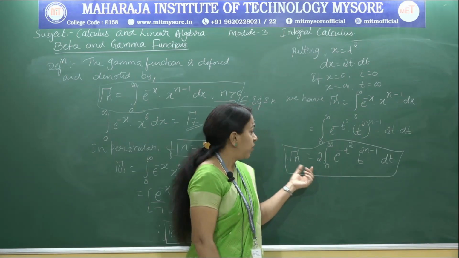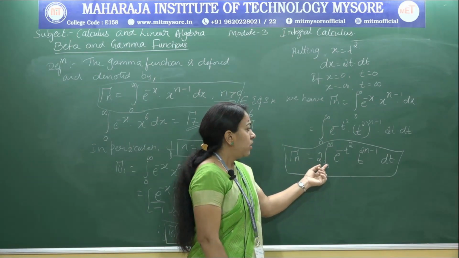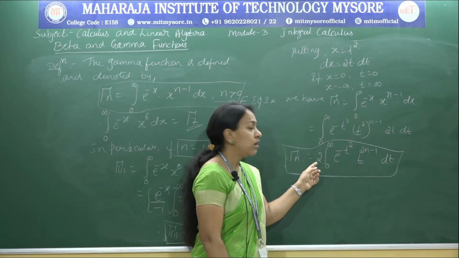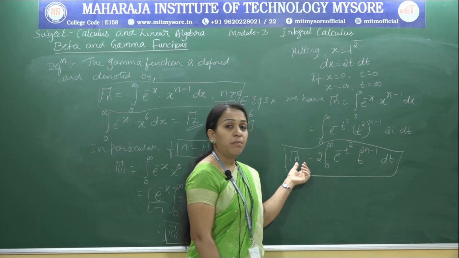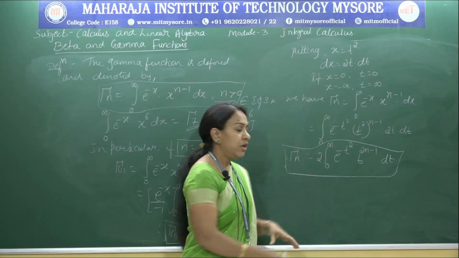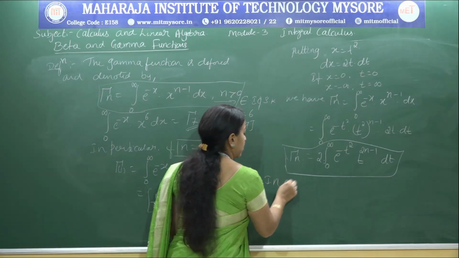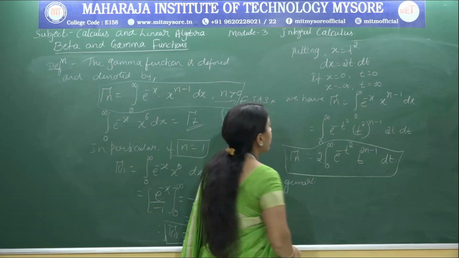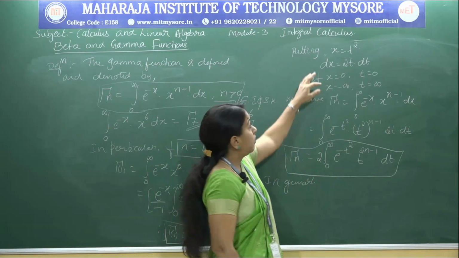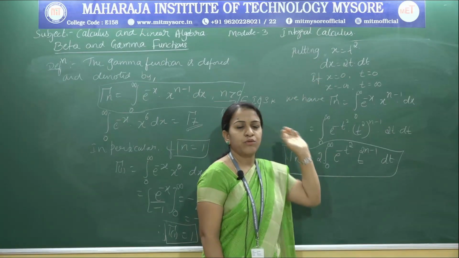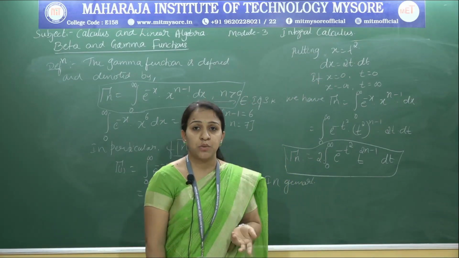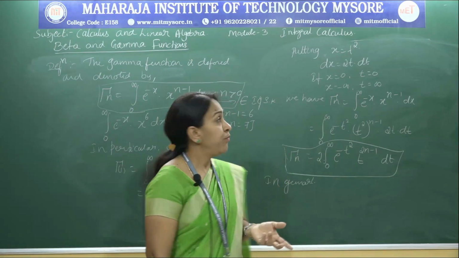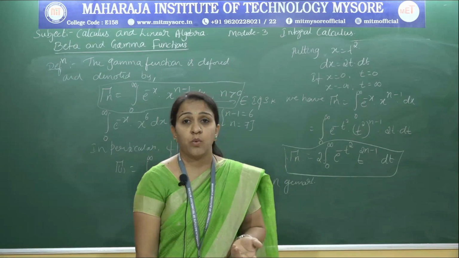So whenever we have integrals of the form e power minus t square t to the power of 2n minus 1 dt, 2 times that can be replaced by gamma n. In general, I replaced x by t square, right? So t square may be z square, or y square, or theta square, or again x square.